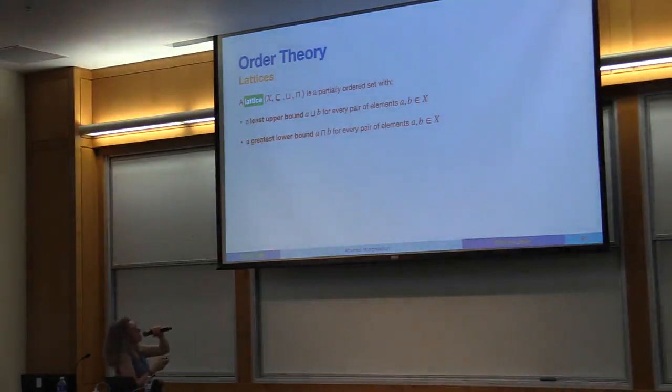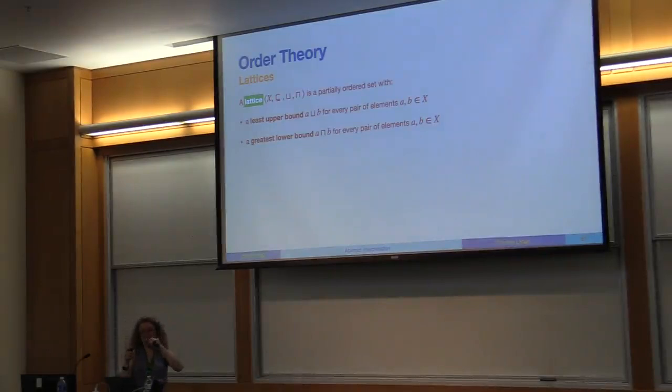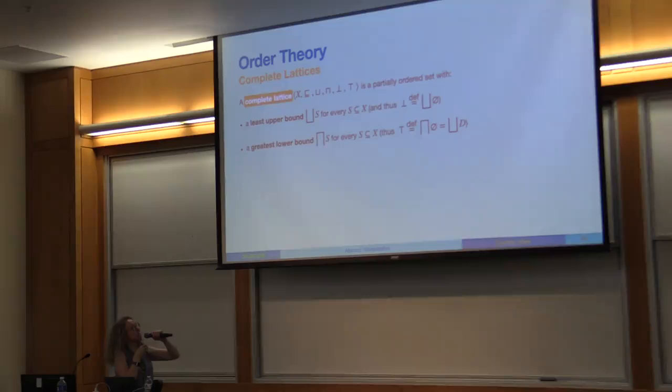So a lattice is still a poset, but we have a least upper bound and a greatest lower bound for every pair of elements. So this is just a lattice. A complete lattice is when all subsets of the set have a least upper bound and a greatest lower bound, which means that we have a least element and a greatest element, the bottom and top.